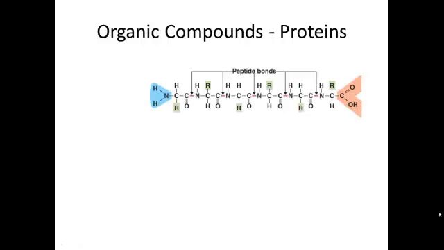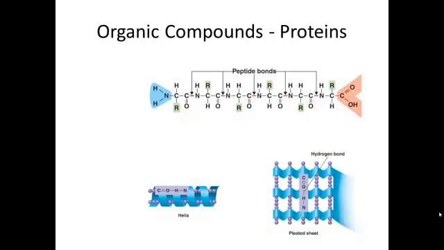When you get a string of amino acids hooked together by peptide bonds, we call this the primary structure. But proteins generally don't stay in this long, straight string. They start to fold. And the first set of folds we call the secondary structure. Now, there are two main types of secondary structure that we've identified that is important to the functioning of the protein.